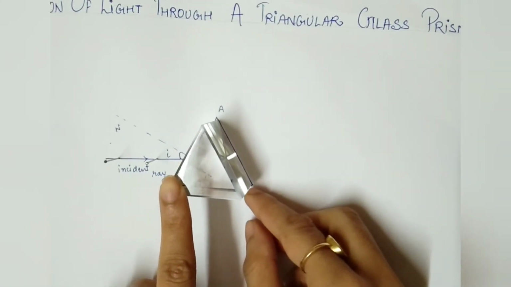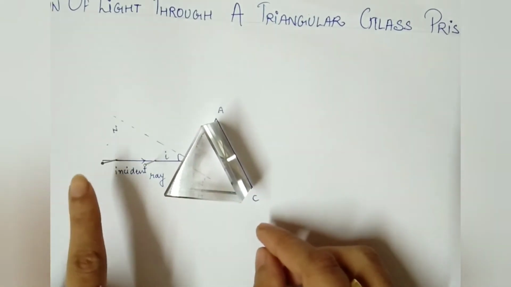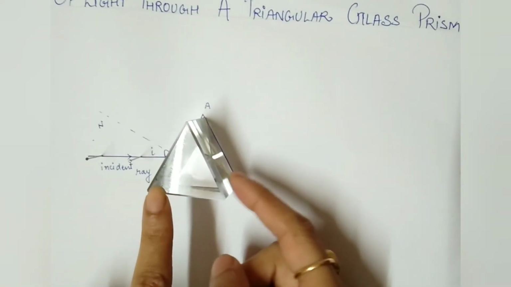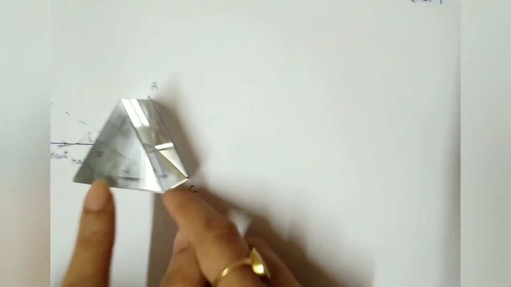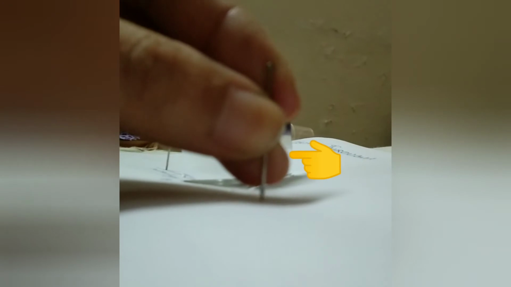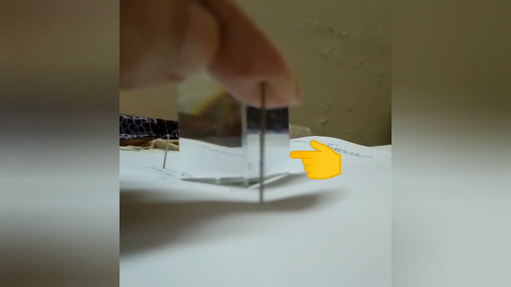Now we will observe the path of these 2 awl pins from the opposite face of this prism. Now we have to adjust 2 more awl pins from the opposite face in such a way that all 4 pins appear in the same straight line. Yes, here I can see these 3 pins are in the same straight line.